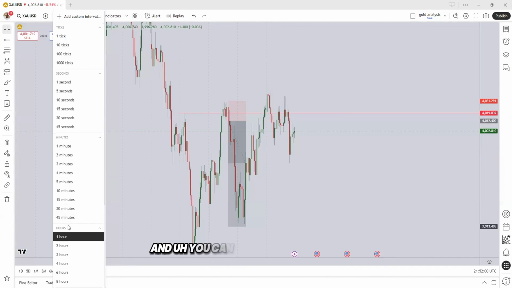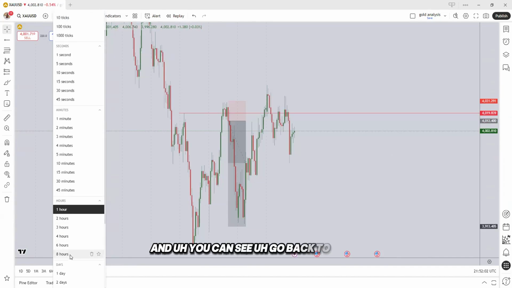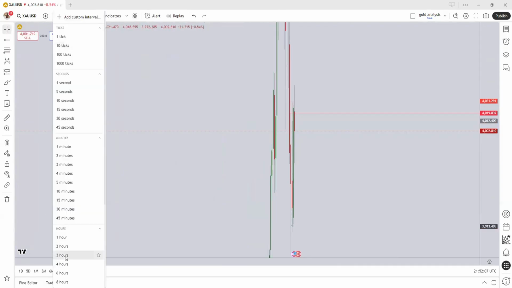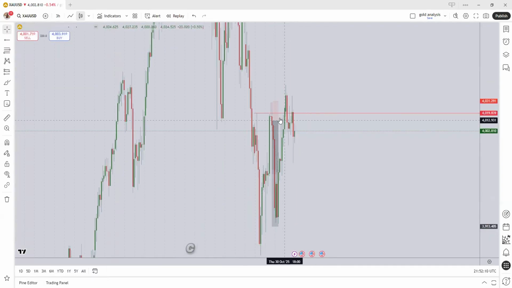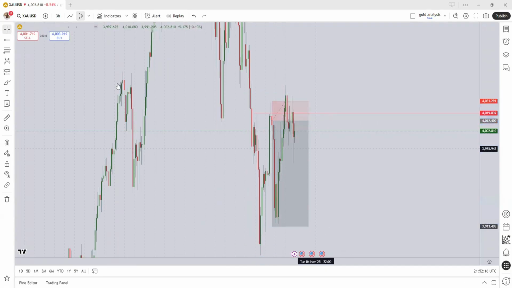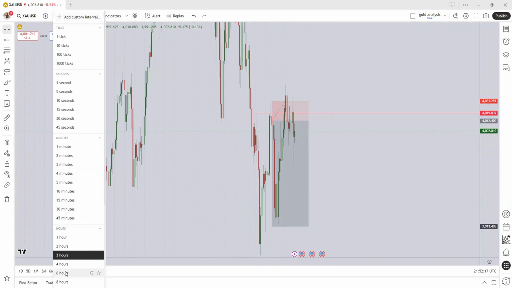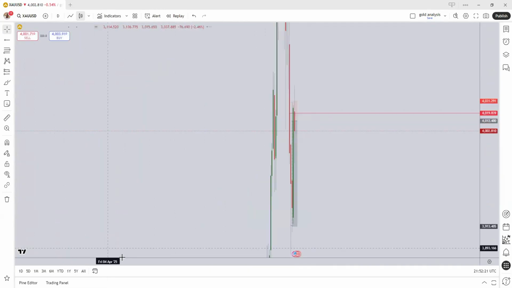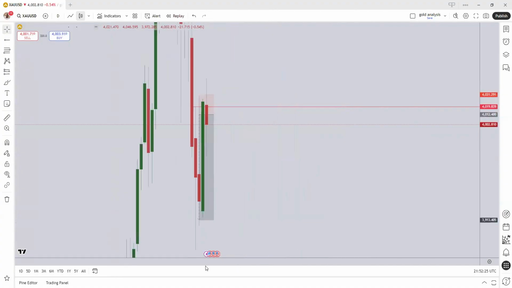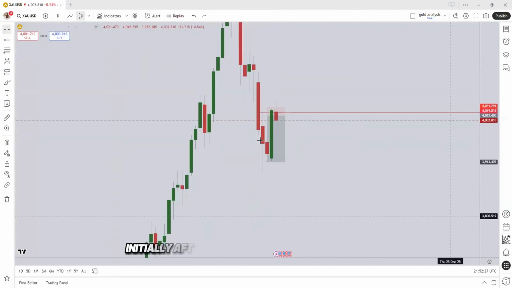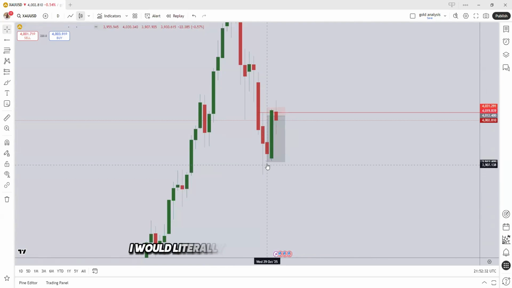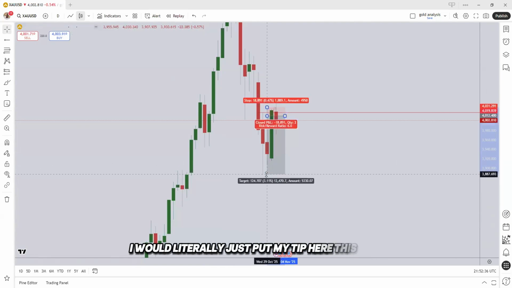And you can see, go back to the daily. So you can see, initially after seeing this and after getting in, I would literally just pull my TP here, this low.